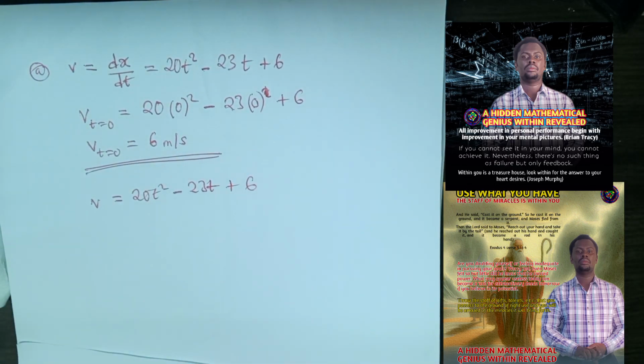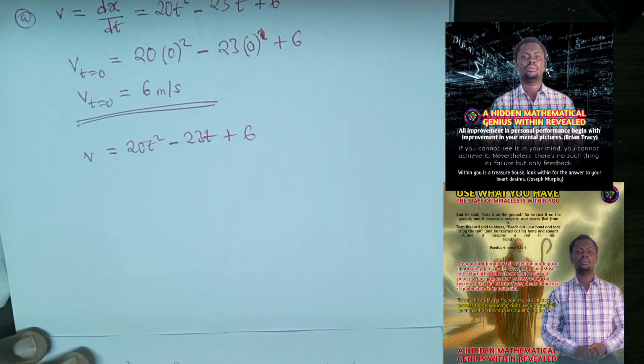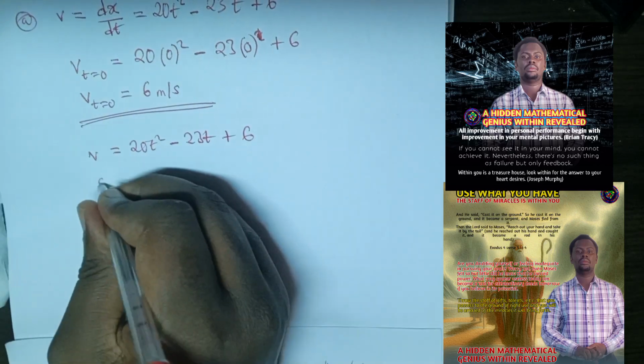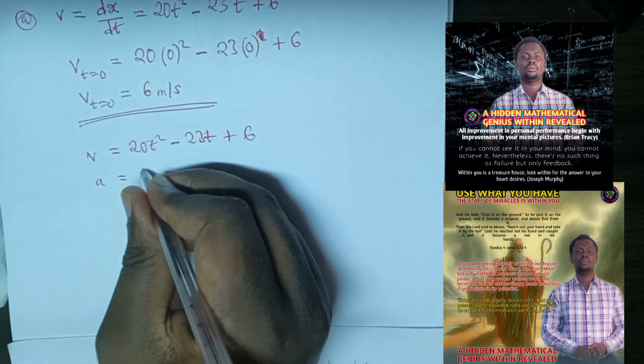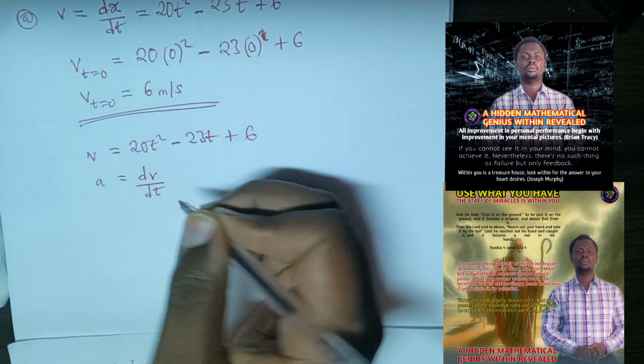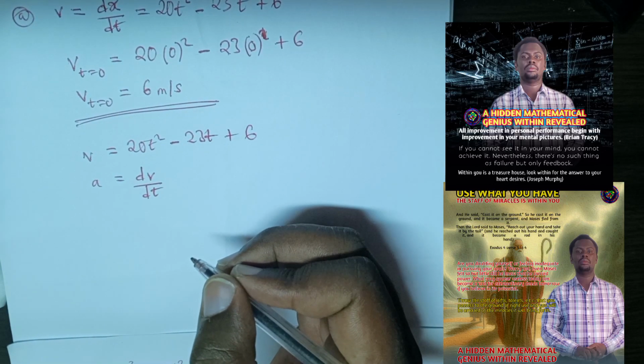So we need to find an expression for acceleration from the function of velocity. Acceleration is equal to the derivative of v with respect to time.